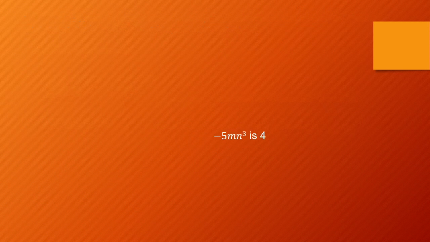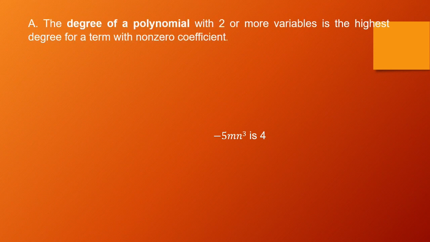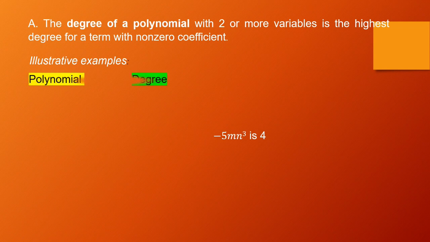Example number 3, 6m²n − 5mn³. The degree of the polynomial is 4. The highest degree among the terms in the polynomial: 6m²n is 3, −5mn³ is 4.